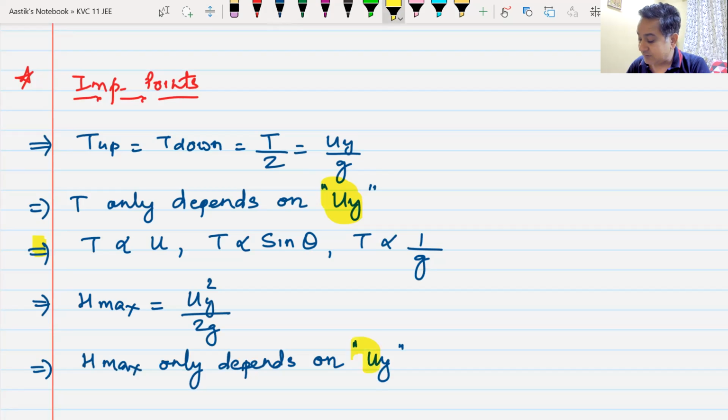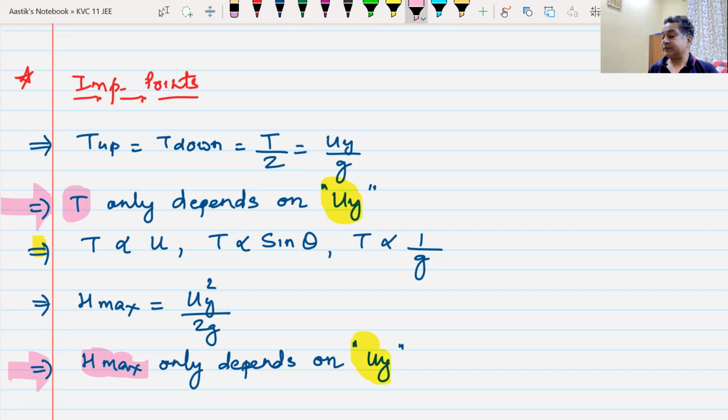So there are two things that only depend on the vertical component of velocity. The first one is time of flight. The second thing is H max. I hope this is making sense and you have written it down, yes or no?